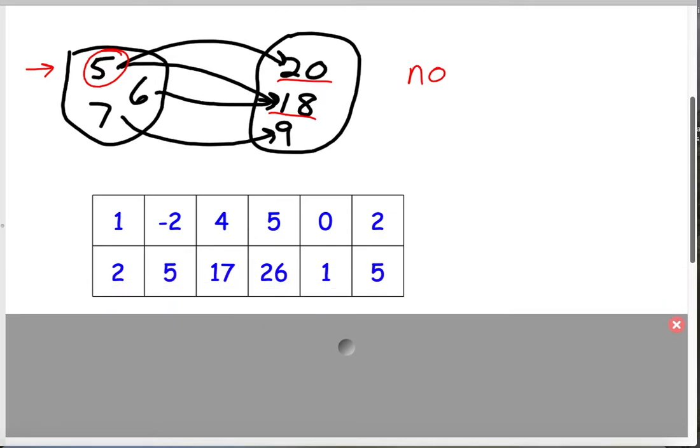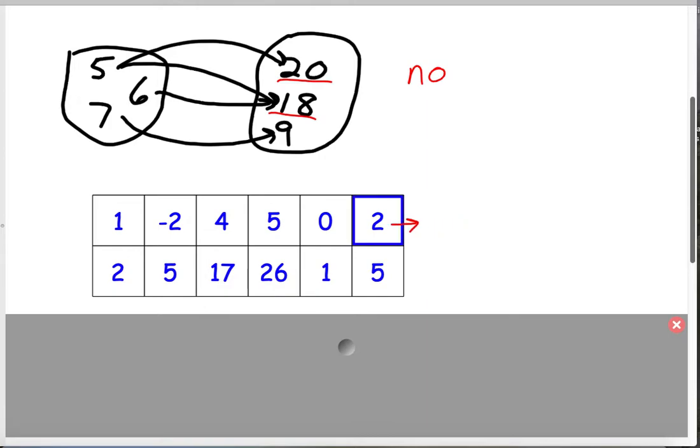How about this table? Well, the first row represents the inputs, or the domain. So if I look, 1 shows up and it gets mapped to 2. Nowhere else is 1 being mapped to a different number. Likewise, negative 2 gets mapped to 5, and nowhere else is negative 2 getting mapped to something else.